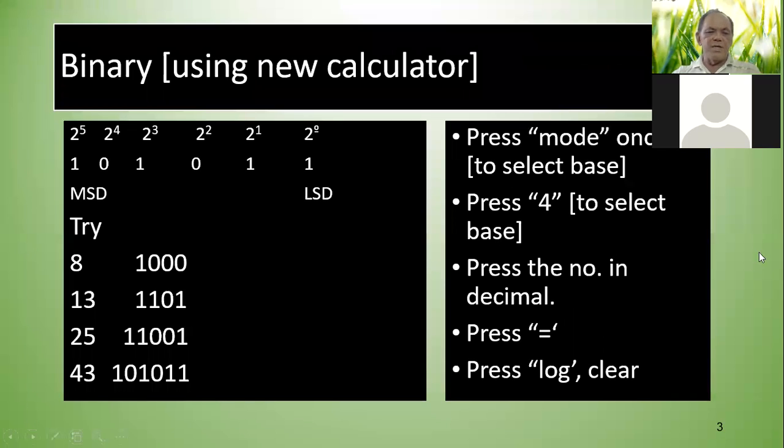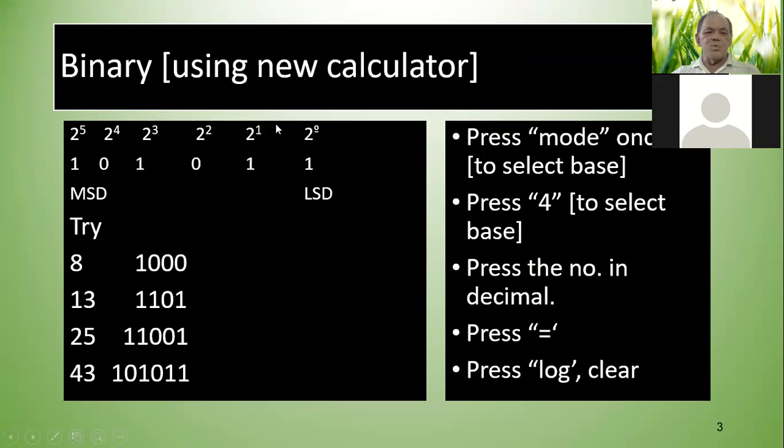We have gone over how to convert from decimal to binary, and you should be able to convert from binary to decimal, at least up to about 40. You can use a calculator, or you can use calculation. 2 to the power 0 is the first one, that is 1.